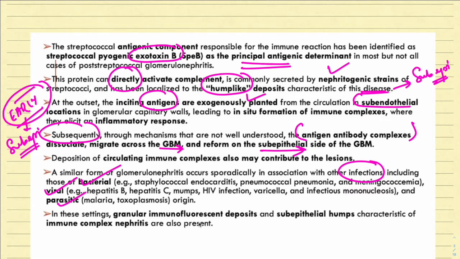Okay, but the most common is the group A beta hemolytic streptococci. The type will be the 12, 4 and 1 nephritogenic strains. Now we have already seen that under immunofluorescence they will have granular deposits, and under electron microscopy in the later stage, which is the final stage, you will have the subepithelial humps, which are characteristic of this immune complex disease.